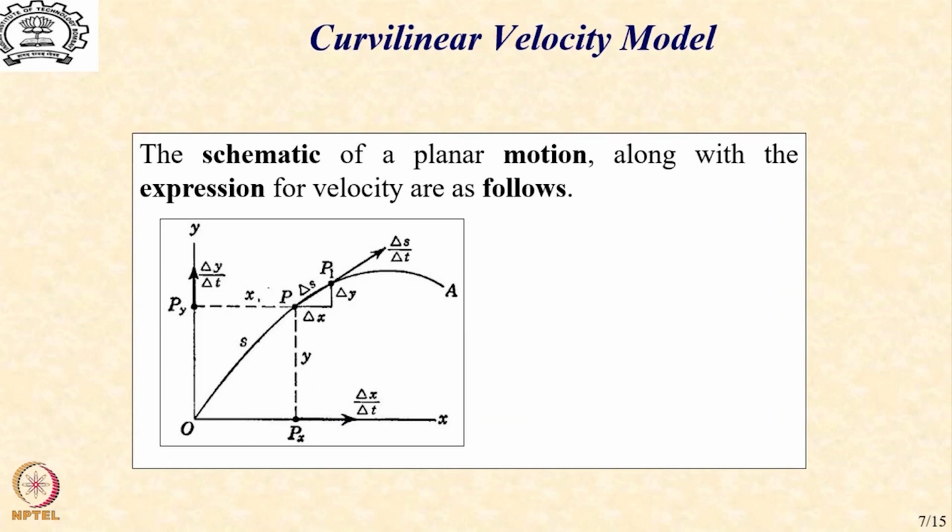Let us consider a point P on the trajectory and another point P1 which is at a distance of delta S along the trajectory.